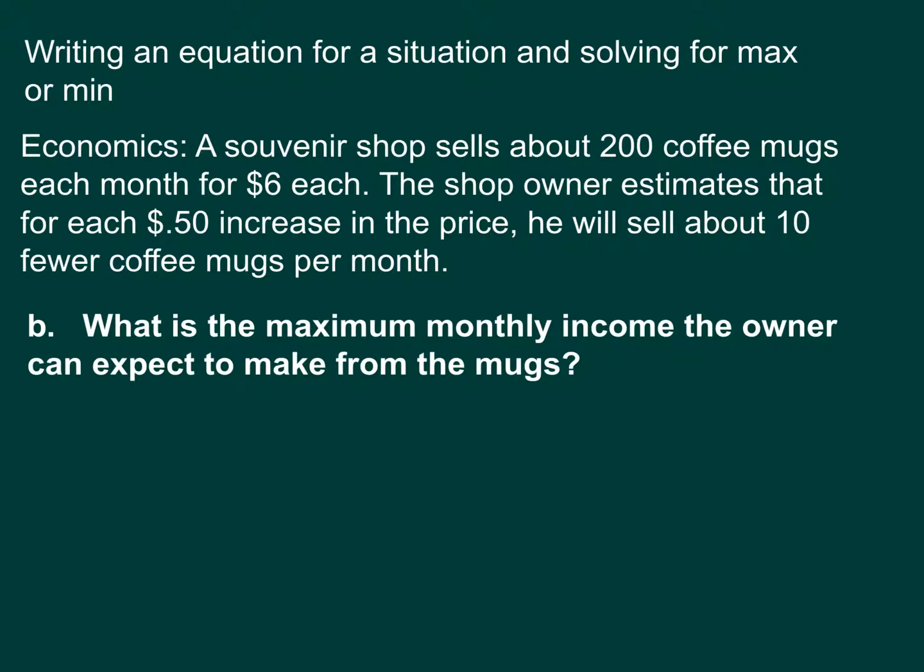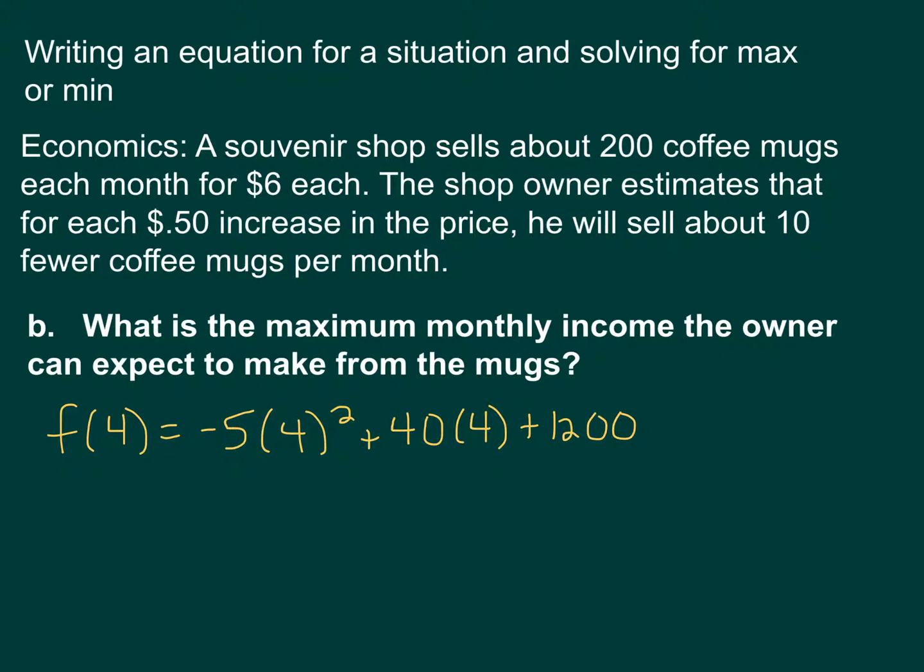So the next question is, what is the maximum monthly income you can expect to make from the mugs? So if we know we increased it 4 times, we actually need to know how many we sold. And that actually answers question C. But what we can do is just plug in 4 into our function to get the answer to this one. Negative 5 times 16, plus 40 times 4, plus 1200, and this will tell us how much money we make.